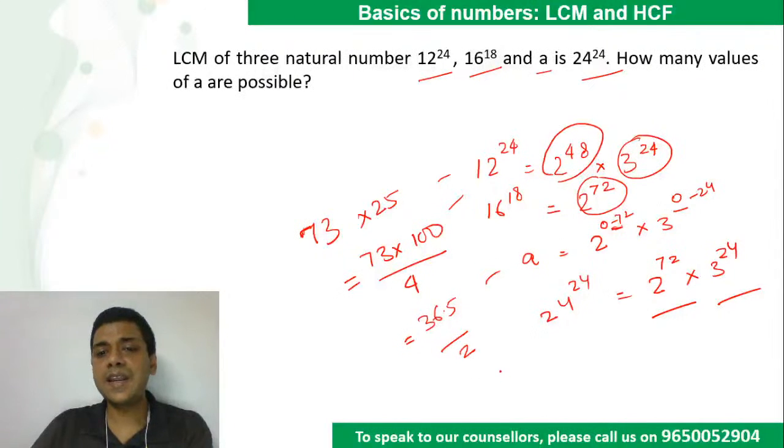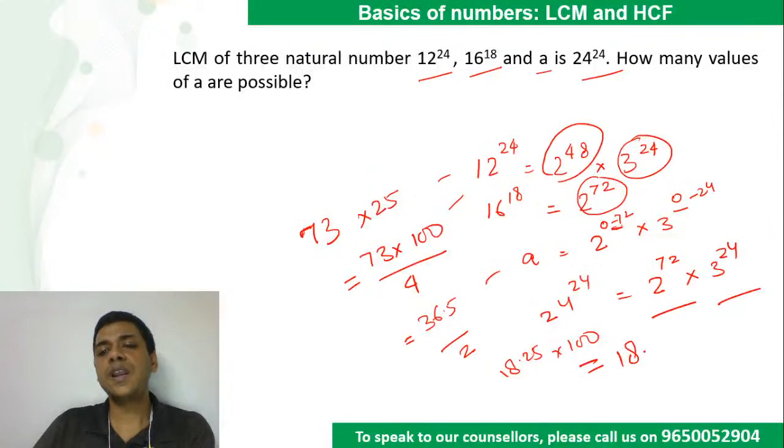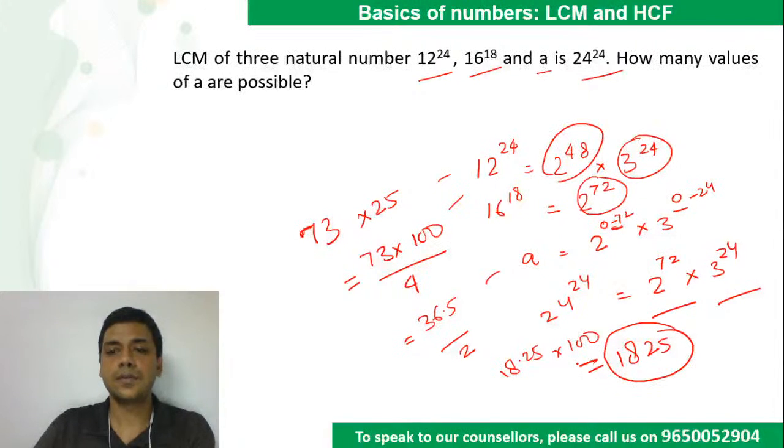If I further halve it, I get 18.25, multiplied by 100, and your answer is 1825. Yes guys? Now your answer is 1825.